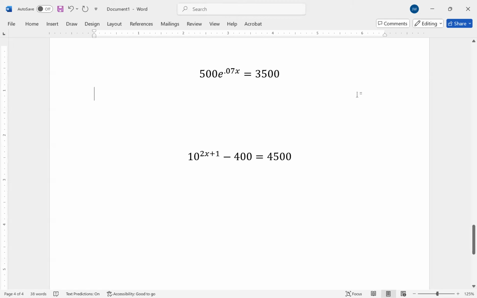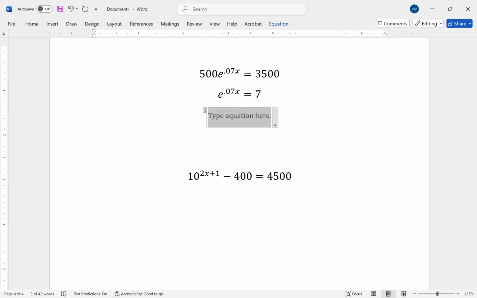All right. On this first one, the first thing we would do is get rid of the coefficient of 500. So we divide both sides by 500. And that would give us e to the 0.07x is equal to 7. Then I'd take natural log of both sides.